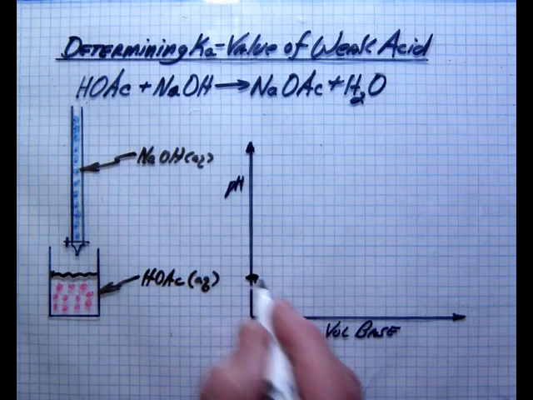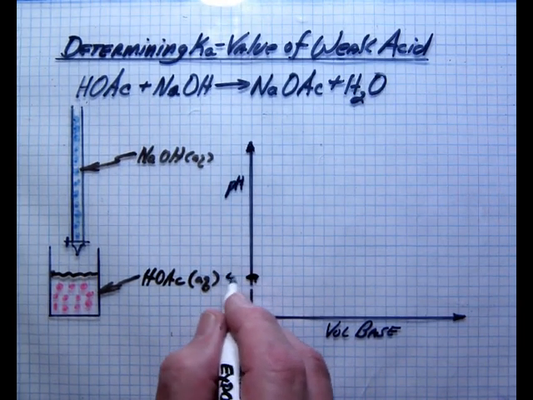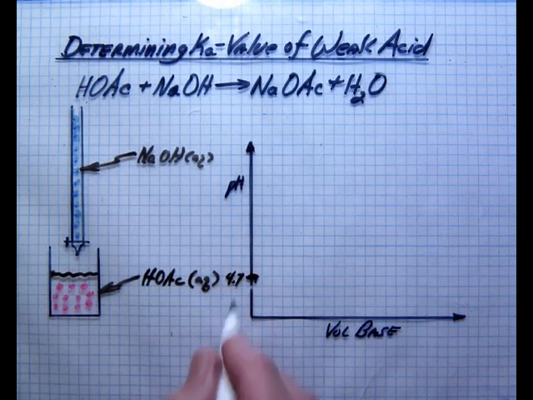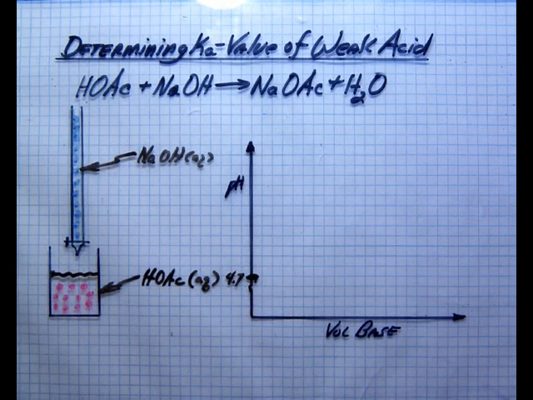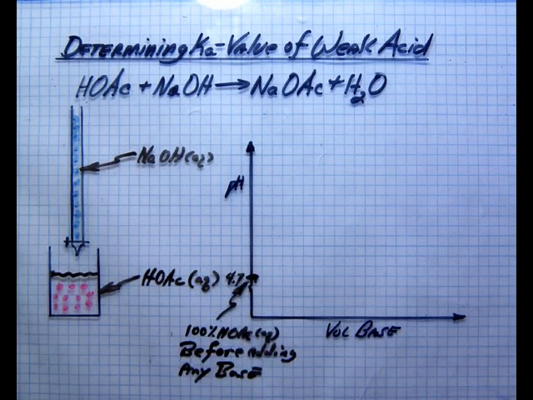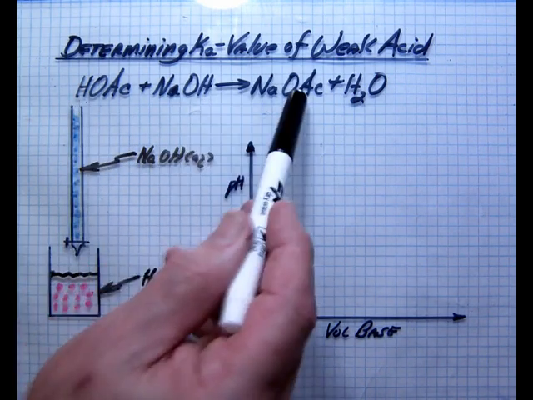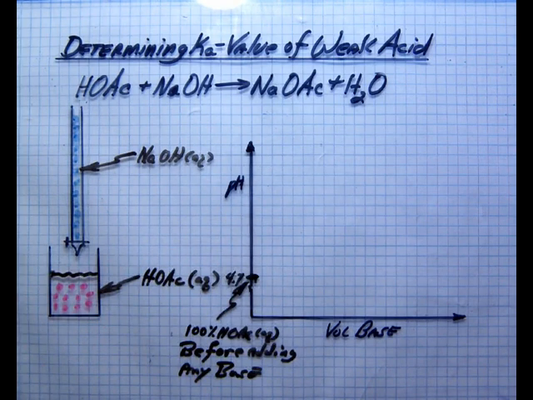We're starting right in here. Let's call that 4.7 pH our starting point. Now this is 100% acetic acid in solution. So we need to make note that the solution is all acetic acid. None of the base has reacted to produce the salt.